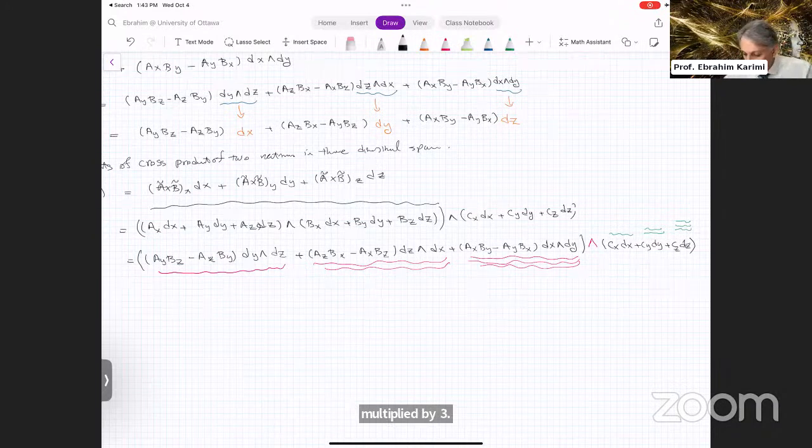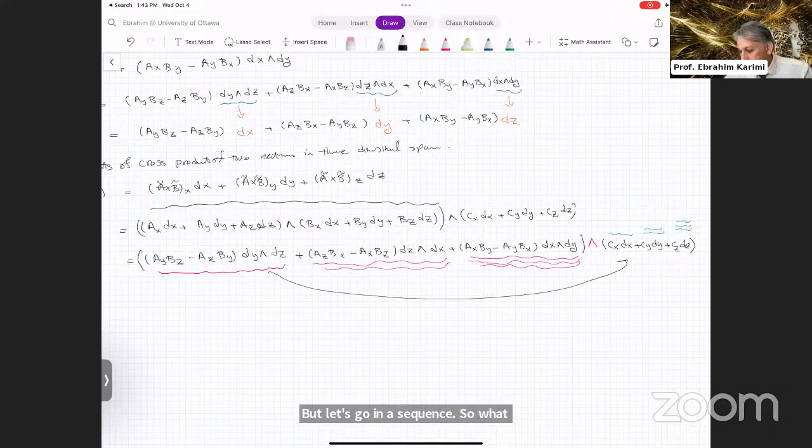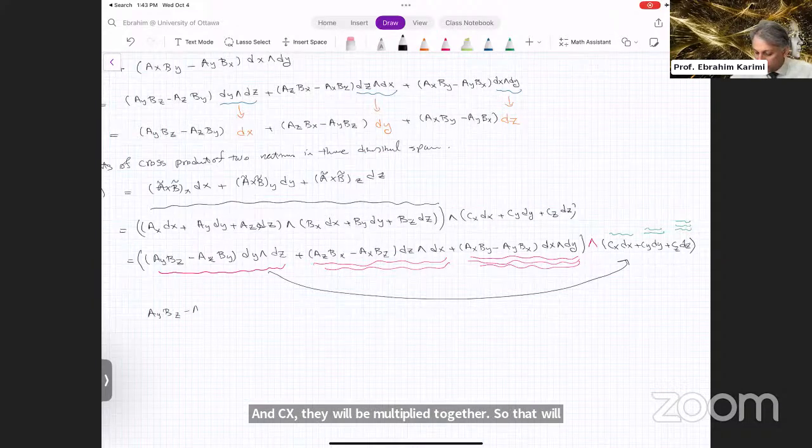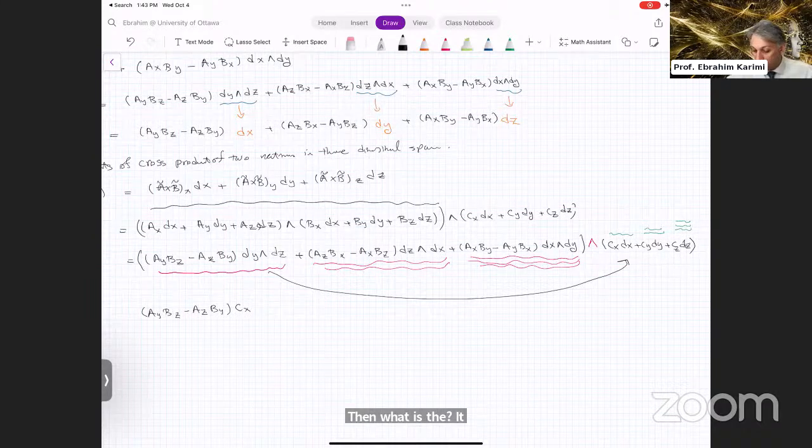So what is happening with the first term multiplied by the first term? It will be the two zero forms, which is AyBz minus AzBy, and CX, multiplied together. So that will be AyBz minus AzBy, and then you have a CX. Then what will you get from the product of the two form here and this one form that we have here?